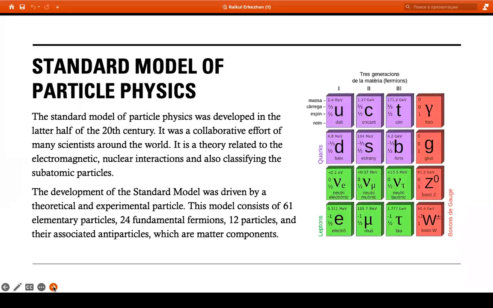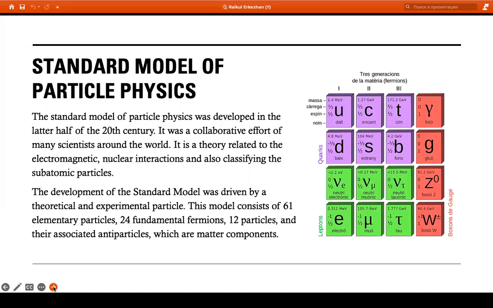The standard model of particle physics, as we can see in this picture, was developed in the latter half of the 20th century. It was a collaborative effort of many scientists around the world, relating to the electromagnetic and nuclear interactions and to classifying the subatomic particles.